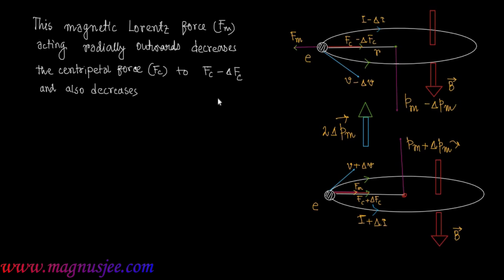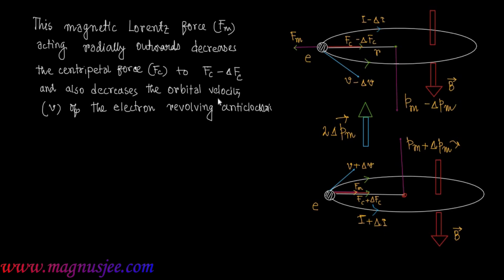It also decreases the orbital velocity v of the electron revolving anticlockwise in the horizontal circular orbit to v minus delta v, where delta v is the change in orbital velocity, as according to the relation Fc is equal to mv square by r.